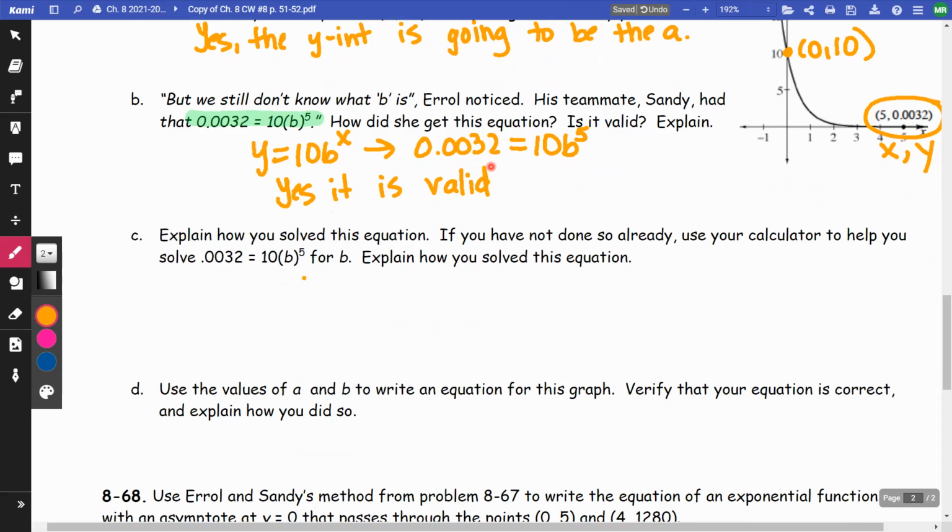So to solve this, I'm going to have 0.0032 is equal to 10 times b to the 5th. We're going to divide both sides by 10. And so when I divide by 10, I'm going to get 0.00032 is equal to b to the 5th. We're going to be working that out. I'm just getting my calculator here.